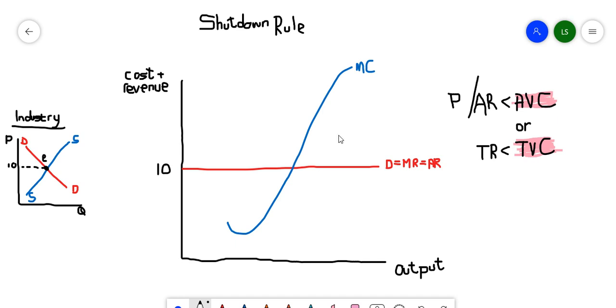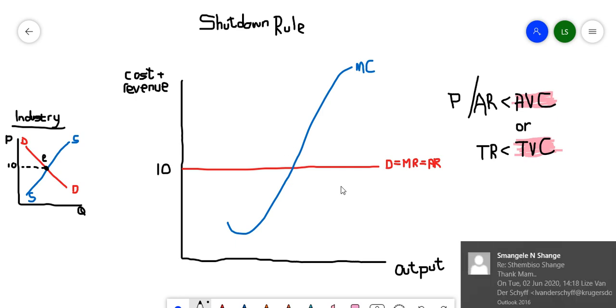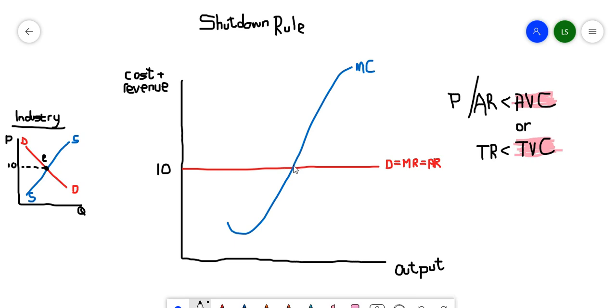And we said that profits are maximized where marginal cost and marginal revenue are equal. In the perfect market, this is really easy to find because it is the one intersection. All right. In the monopoly, it looks a little bit different and it's a little bit more difficult to find. But remember, two concepts are equal.